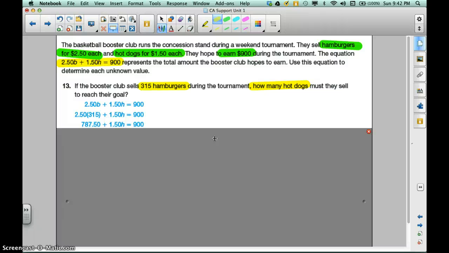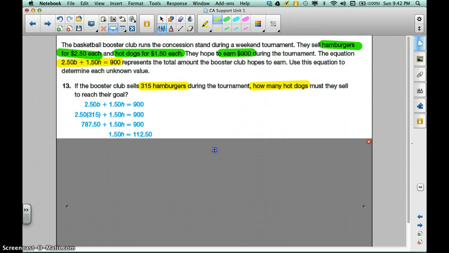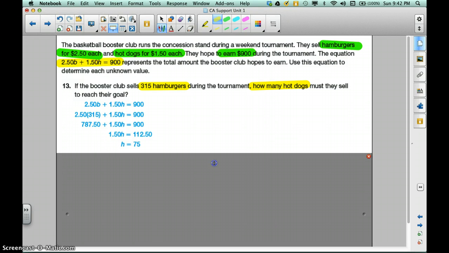Now you have to do just what we practiced doing in the beginning of the video. All right, the numbers are big, but you know your calculator will handle that. And so when you subtract 787.50 from both sides, you get this equation. And then when you divide both sides by $1.50, you get H is 75.